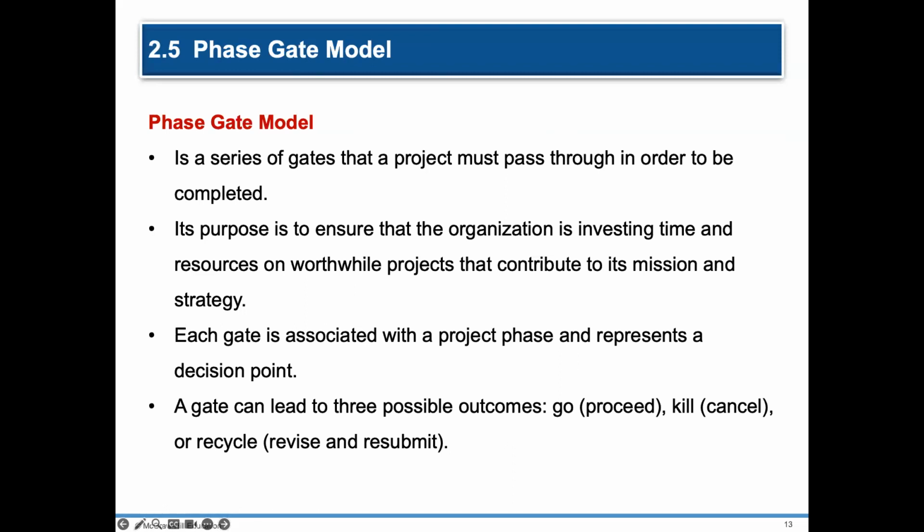Each gate is associated with a project phase and represents a decision point. And a gate could lead to three possible outcomes. Go, meaning proceed. Kill, meaning scrap the project and cancel. Or recycle, meaning revise and resubmit.